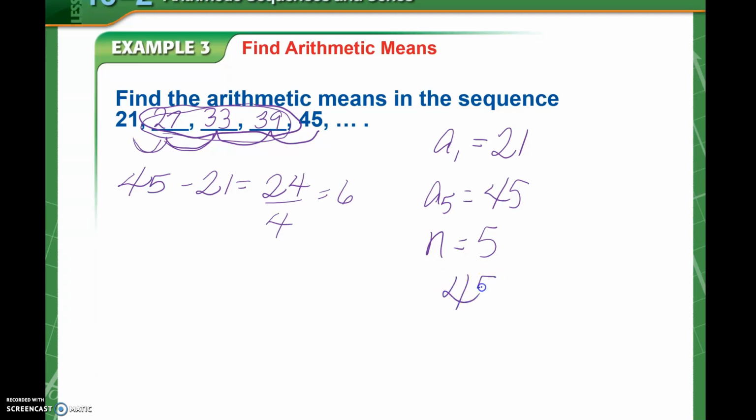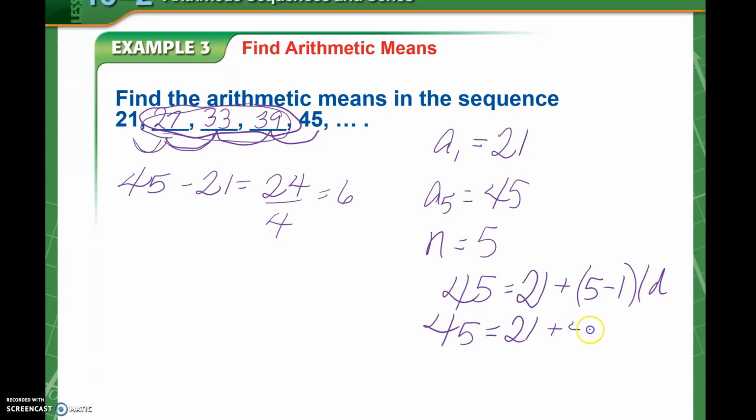So I'd go 45 equals first term plus 5 minus 1 times d. We don't know d. So 45 equals 21 plus 4d. Subtract 21. 24 equals 4d. d equals 6. So again, we get that difference of 6. So two methods you can use, either one, to solve that.